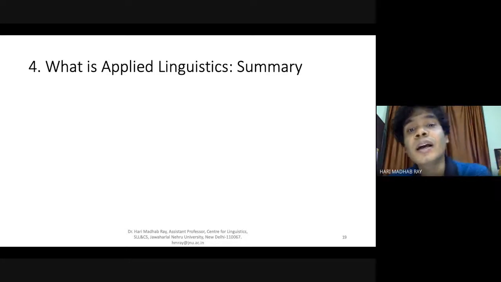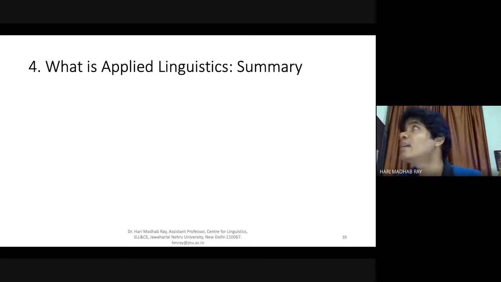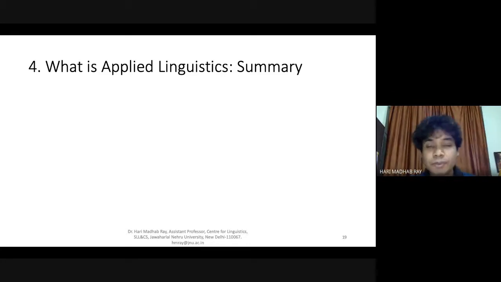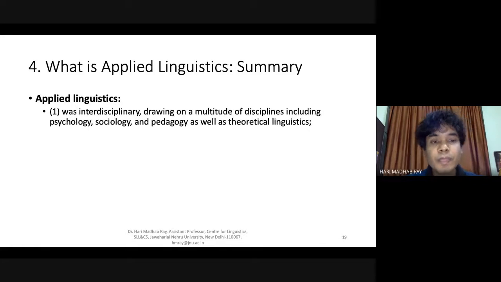So what is applied linguistics in summary? Definitely it's interdisciplinary, drawing on a multitude of disciplines, including psychology, sociology, and language pedagogy.